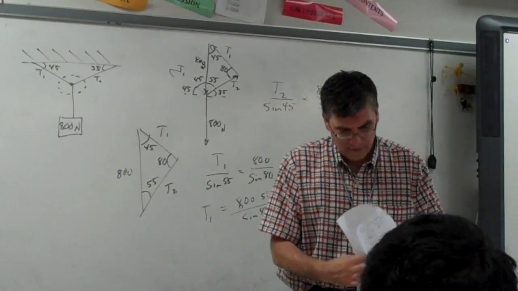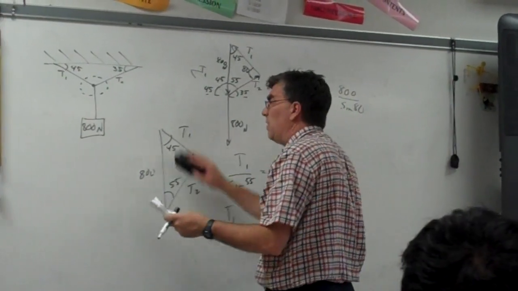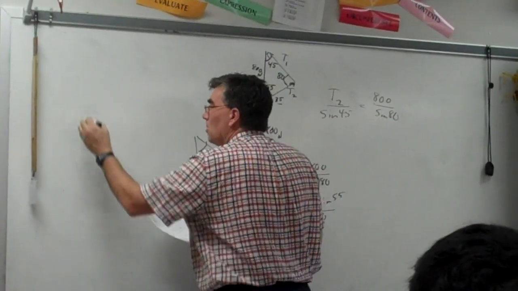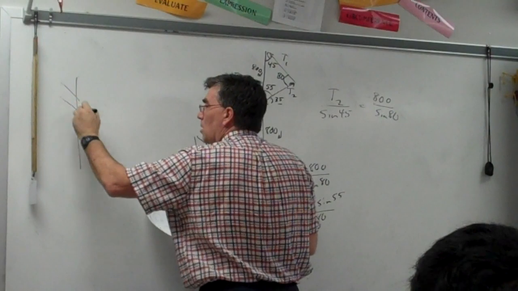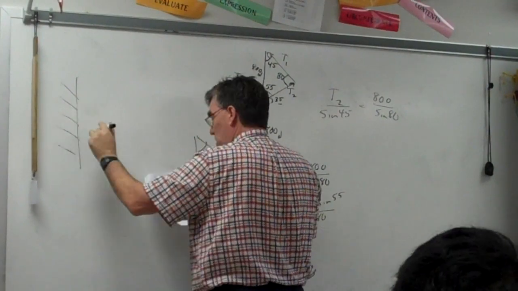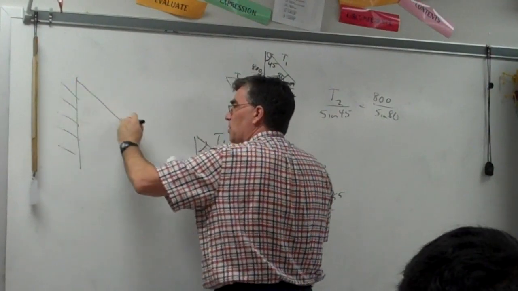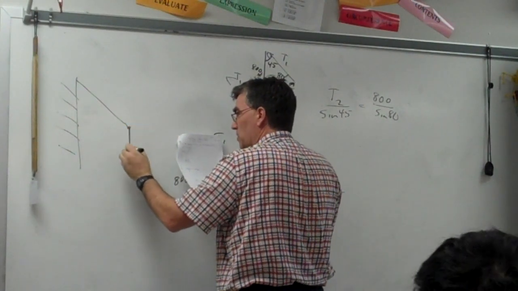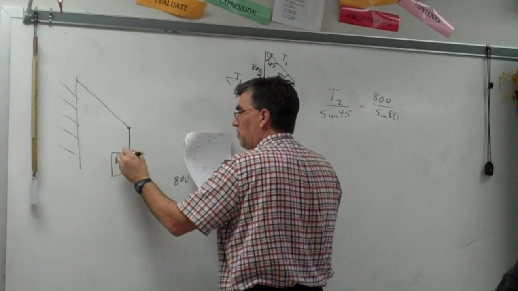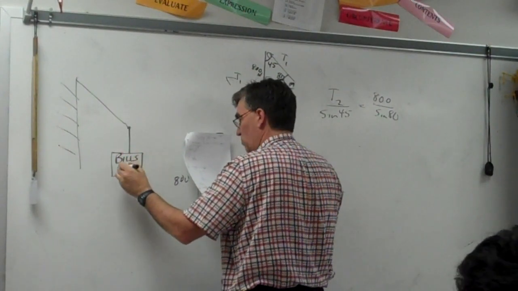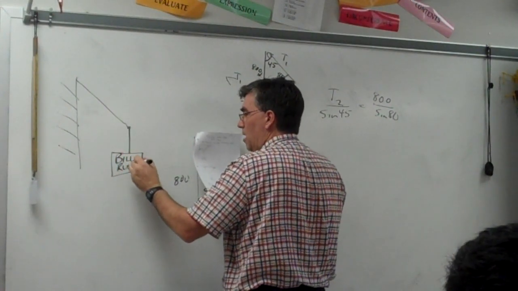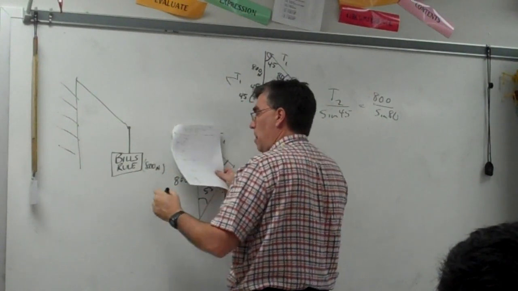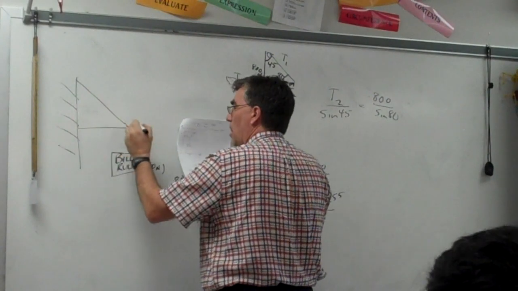All right, let's look at this next problem, the last one on there, where you have the sign hanging from the side of a building. Number 3. Here we have the building, and this is supposed to be a chain. And then you have the sign here, and it's 600 newtons.